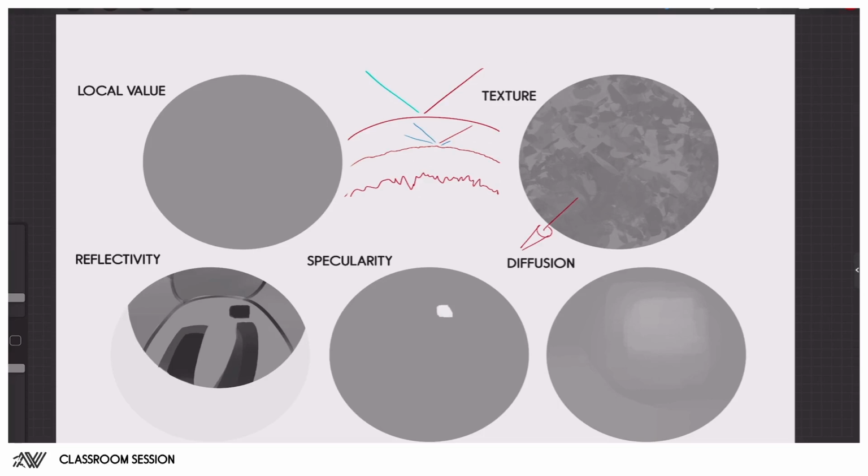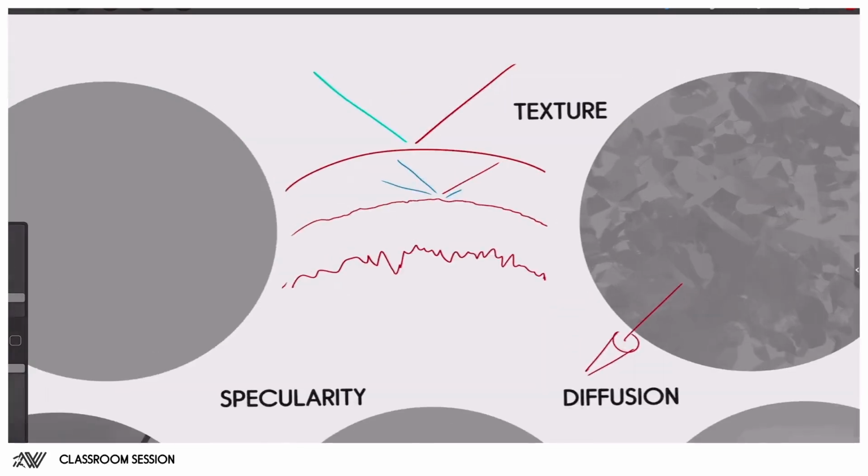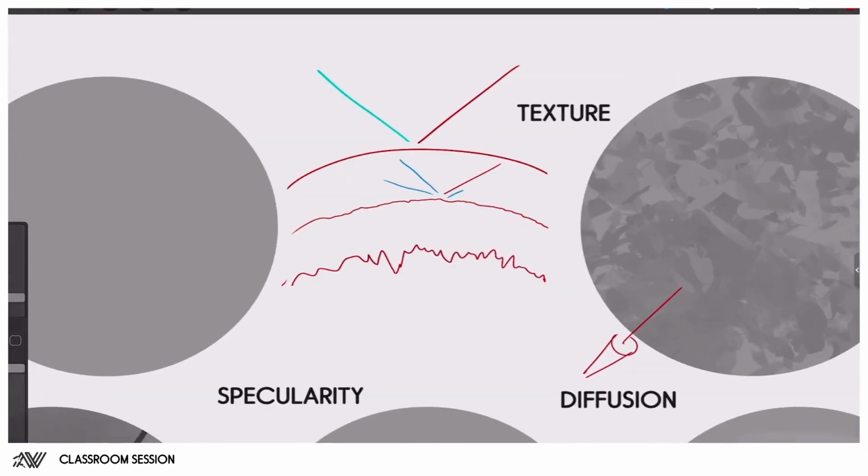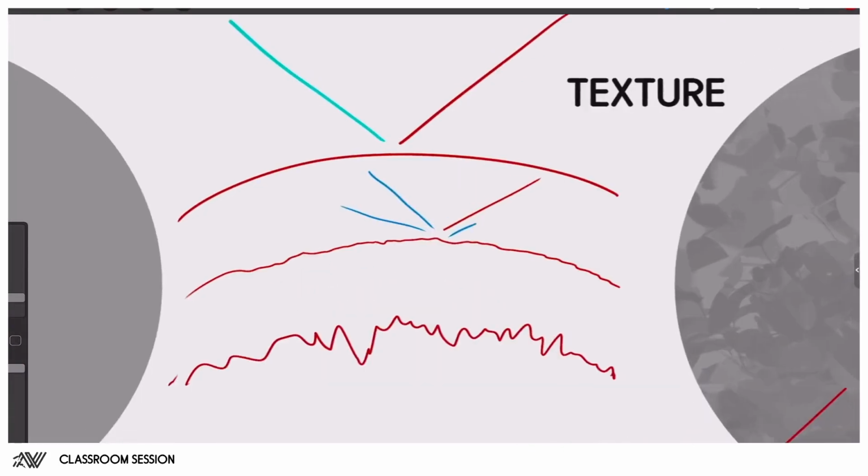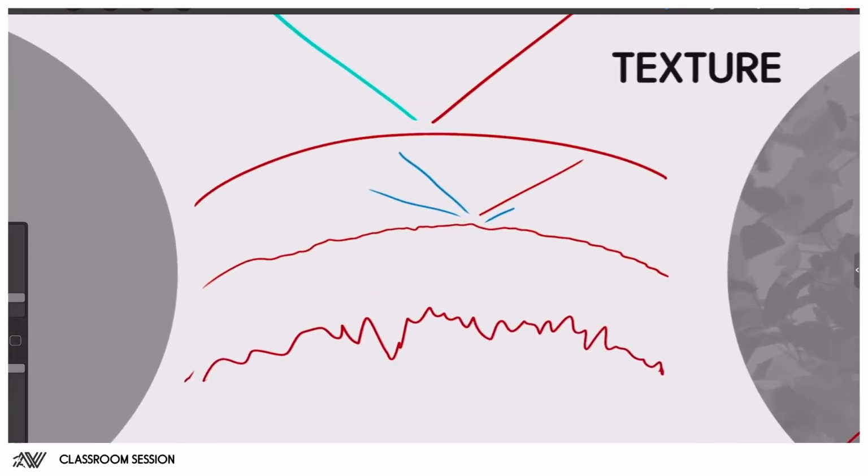So yeah, diffusion is usually the breaking up of light. Like I showed you here, when light hits the surface that has high texture, it's going to break up that light source. Meaning, the more it breaks up due to the cavities or the bumps and indents on the surface texture, the less powerful that light source that's being bounced back is going to be.